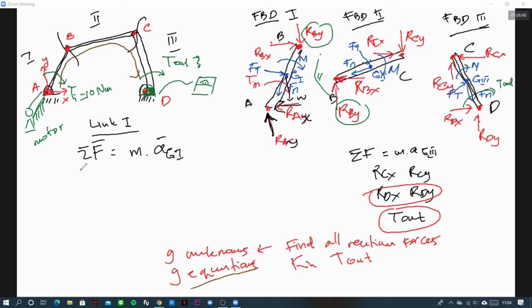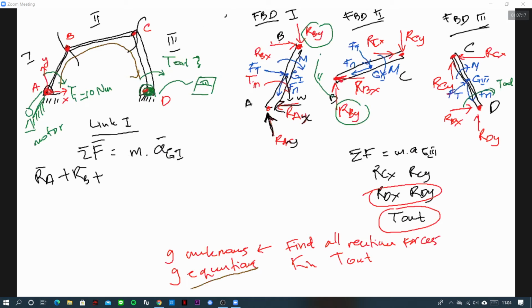So if you want to type it as a vector, that would be easy, because here I will erase it. Let's try by using vector. All the external forces, we have RA as a vector, plus RB as a vector, and then plus, do we have any other external force?